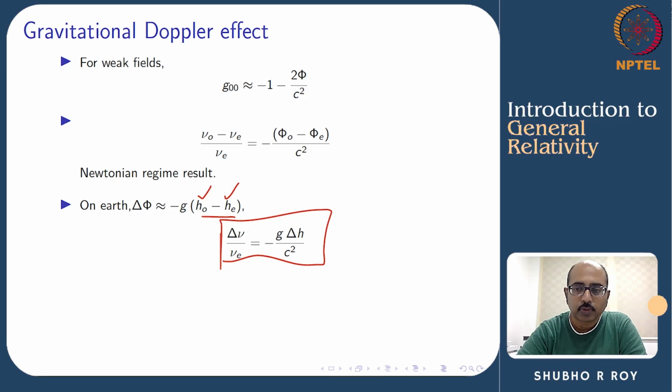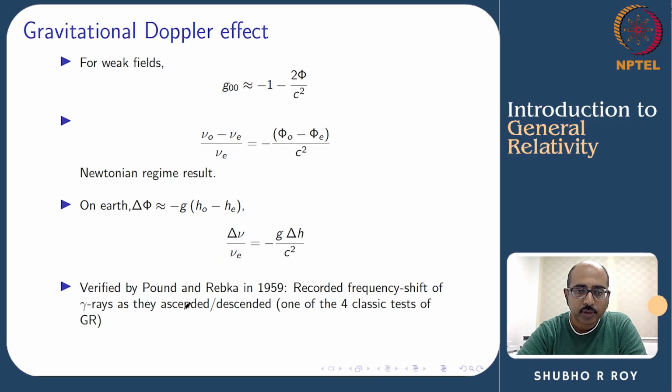Now this phenomenon was actually observed and verified by Pound and Rebka in 1959. Pound was a Harvard physicist, and Rebka was a PhD student, and they recorded this frequency shift of gamma rays as they descended or ascended some building. In fact, the Jefferson, I forgot the name of the Harvard Physics Department building, but that is where the apparatus was located.